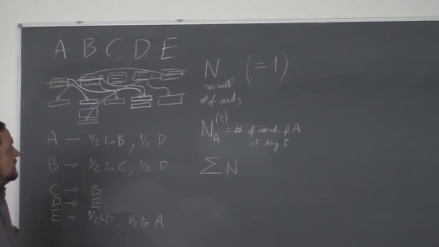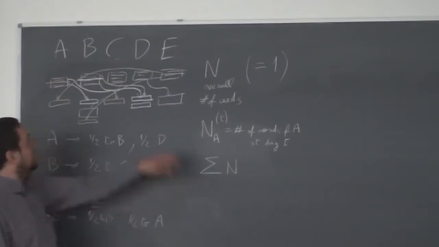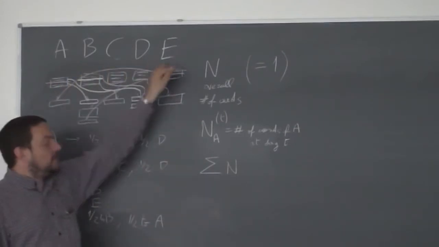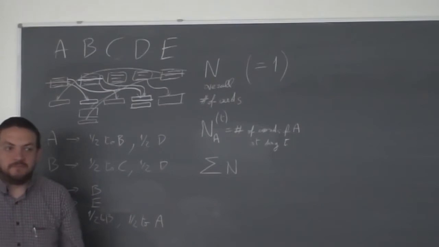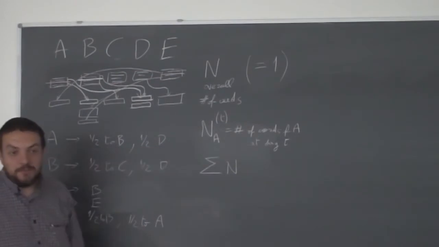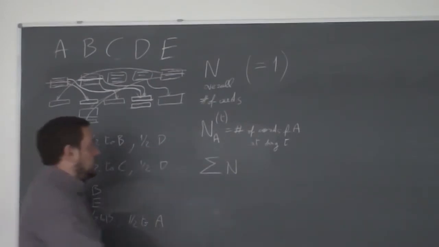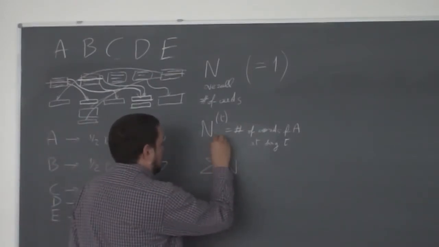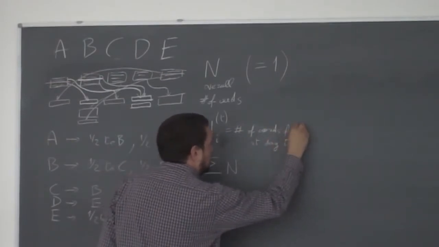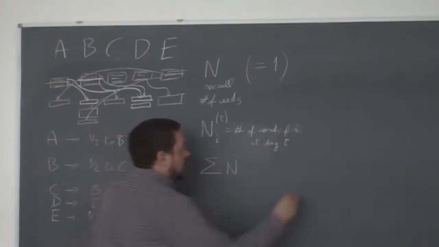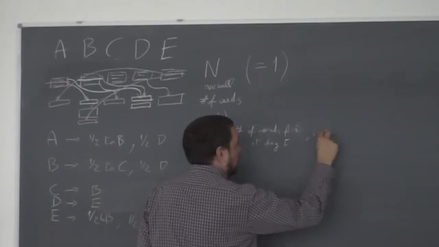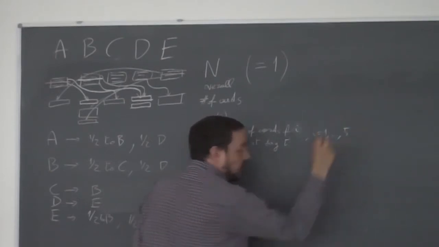The other problem here is that I decided to call people by name. Of course, we are dealing with algorithms, so maybe we should call them by numbers. So let's call the different players I, with I going from 1 to 5 in this case.